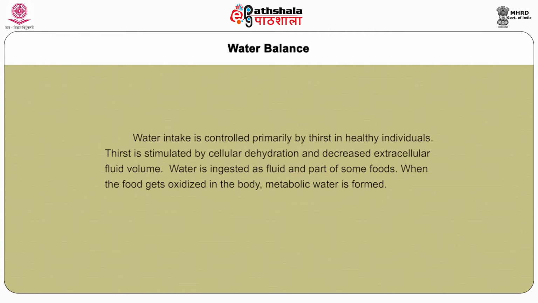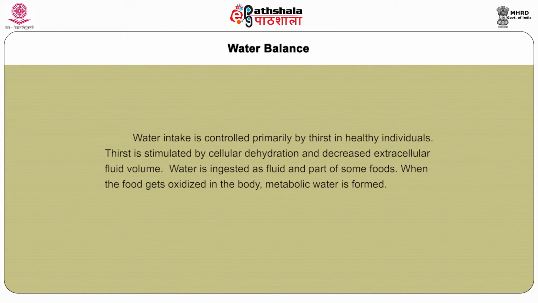Water intake is controlled primarily by thirst in healthy individuals. Thirst is stimulated by cellular dehydration and decreased extracellular fluid volume. Water is ingested as fluid and as part of some foods. When food gets oxidized in the body, metabolic water is formed.